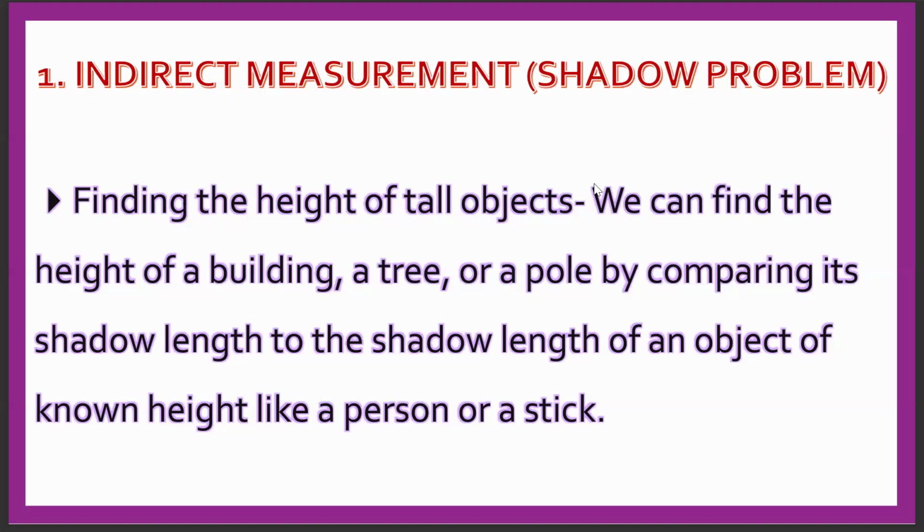The stick height is known and the shadow is also known. The building height is not known, but the shadow is known. So with the help of these two triangles, we can apply the properties of similar triangles, and in this way, we can find the height of tall objects.